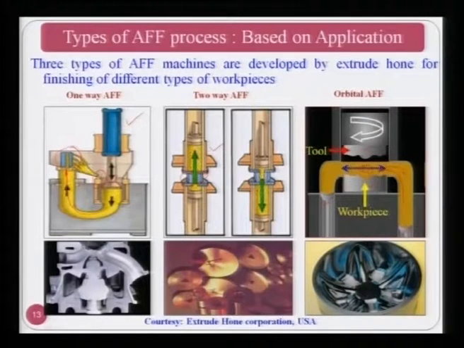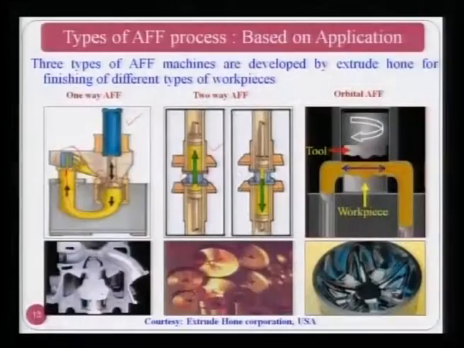As a result of that, the surface roughness value goes down and you have a better surface finish. So, you can see here the kind of components that are finished by each type of the AFF setup. This is one way, this is for two way because there are through holes or through cavities over there, and this is again the blind cavities which use the orbital abrasive flow finishing process.